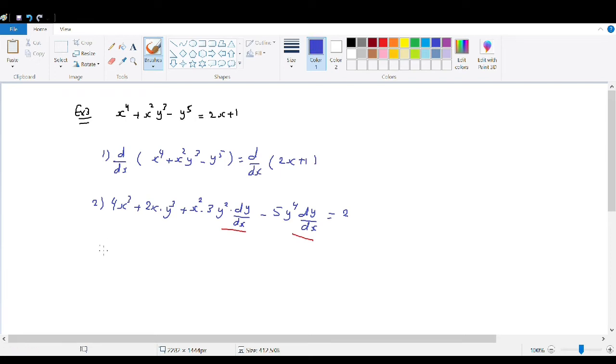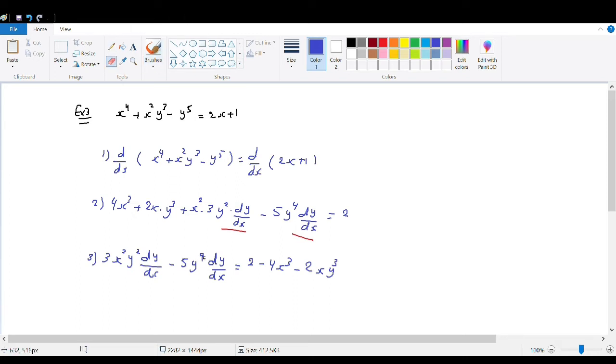So here we have x squared times 3y squared dy over dx, so this will give us 3x squared y squared dy over dx minus 5y to the power 4 dy over dx, which will be equal to, then we move 4x cubed, so it will be 2 minus 4x cubed minus 2xy cubed.